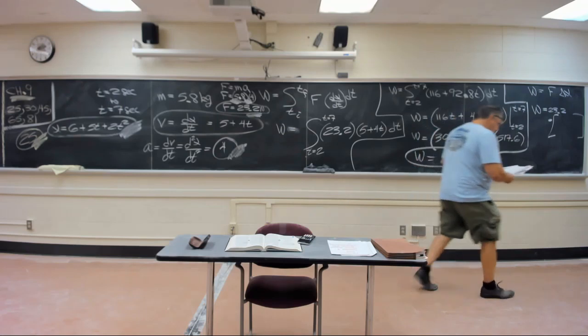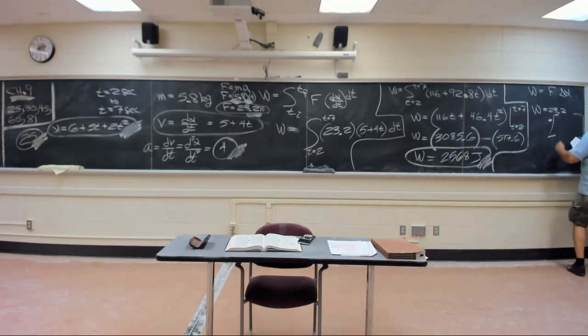All right. So you got the x value at the value of t equals 7. This is the x value at t equals 7. And that's that. This is the x value at t equals 2.